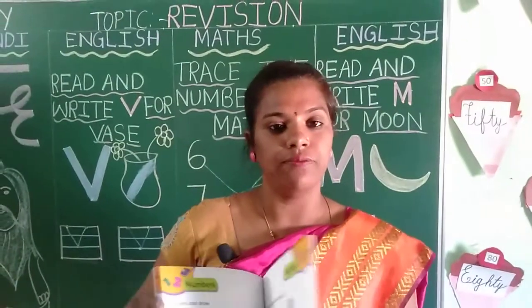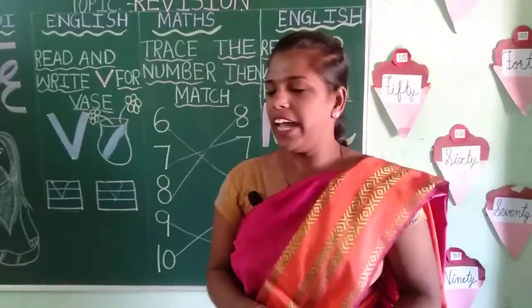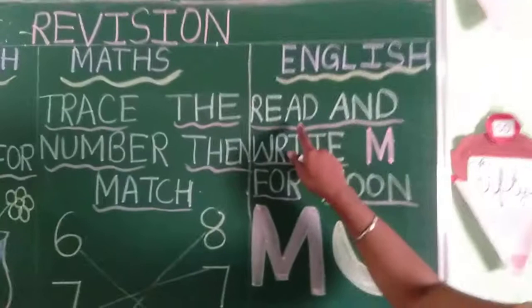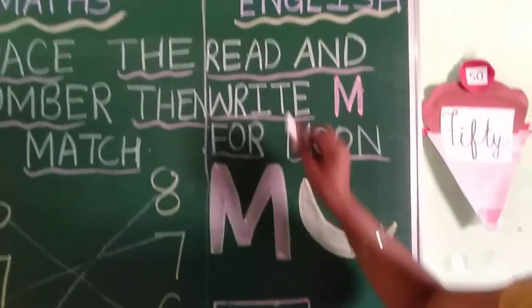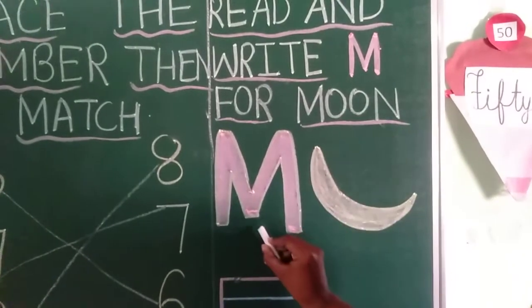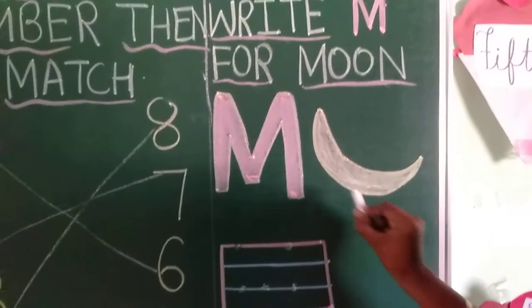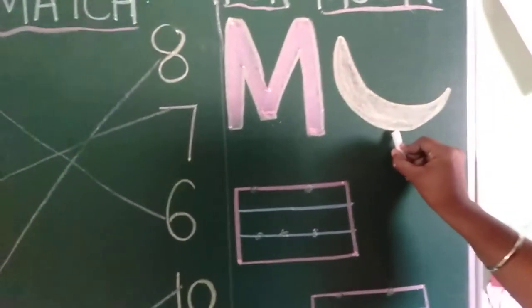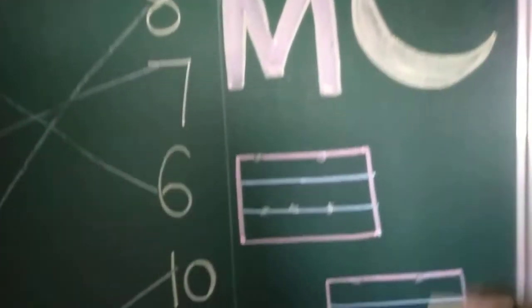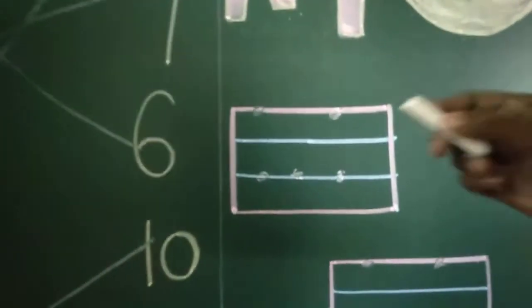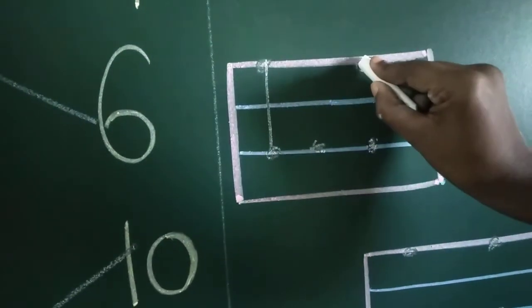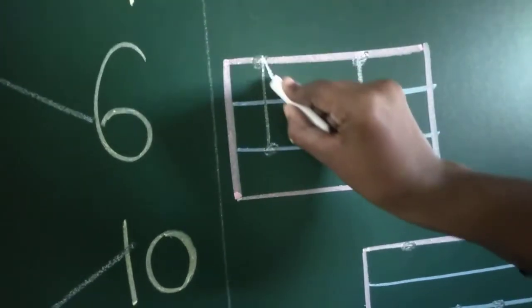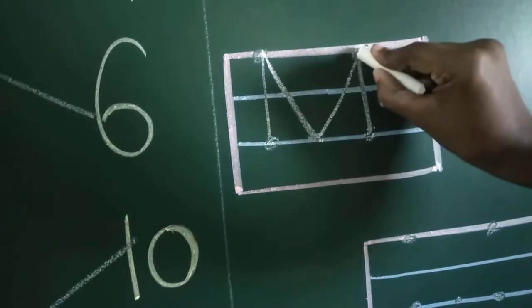Understood, students? Now again in English, the teacher taught you to read and write M for moon. Okay? Read and write M for moon. We will see how we can write M for moon. Standing line, standing line, slanting line, slanting line.